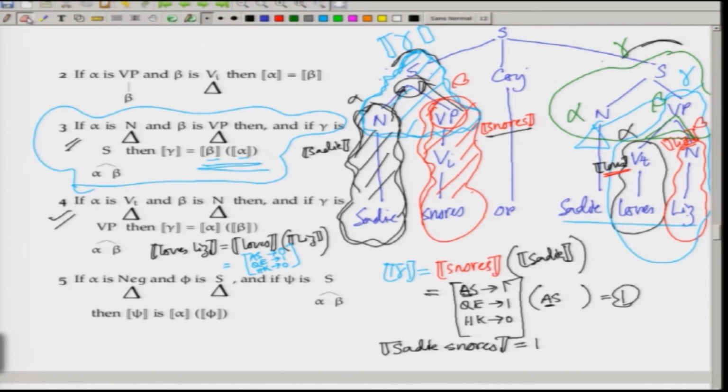We do not require any more the old alpha, and we should not confuse all these alphas and betas because this was the old calculation. Now, we are calculating a fresh set of things, and here it is a case of s goes to n and v p, the third rule. Now, this precisely means that this is the entire sentence.